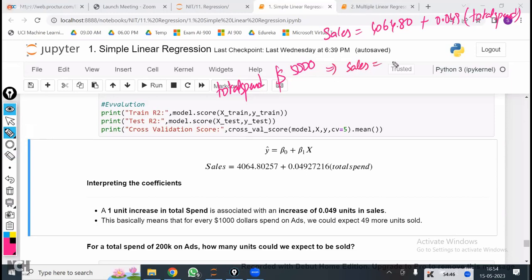Sales is equal to 4,064.8 plus 0.049 into 5,000. What is 0.049 into 5,000? 245. Okay, now if you add 245 here, what is the total?